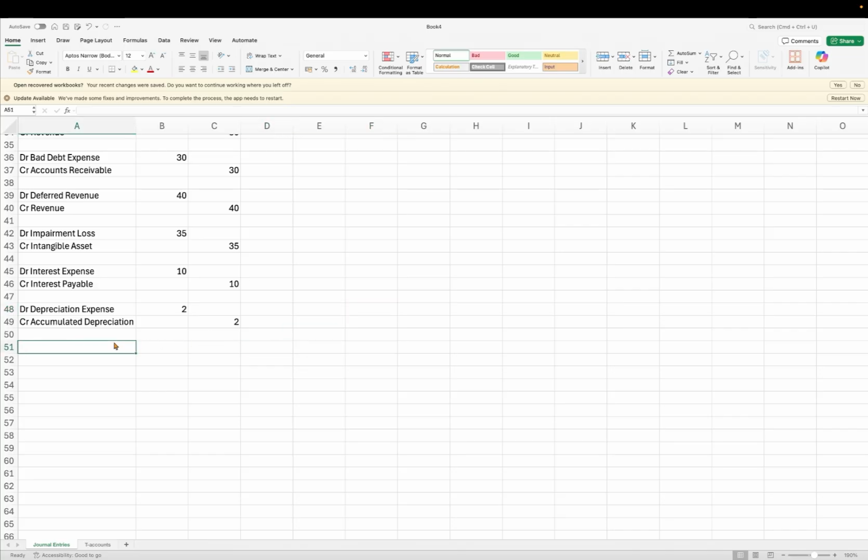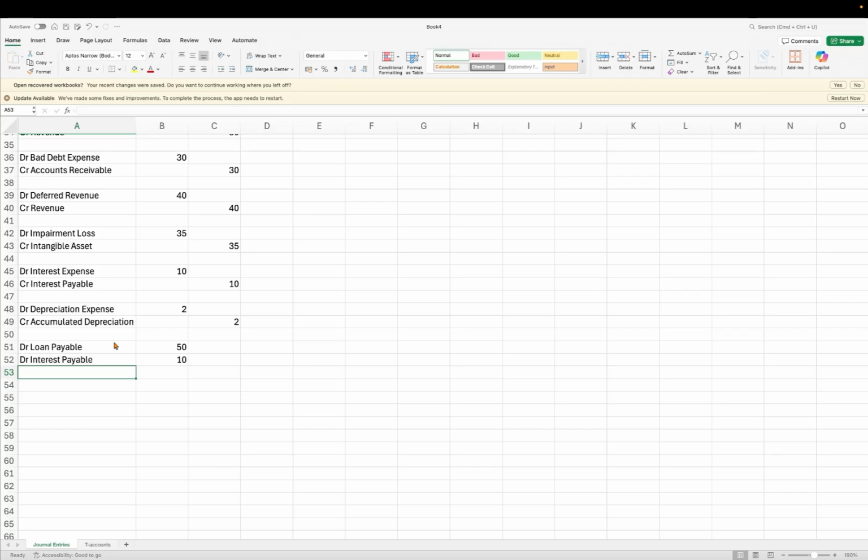So we've got in this transaction loan payable, which is 50, and interest payable, which is 10.